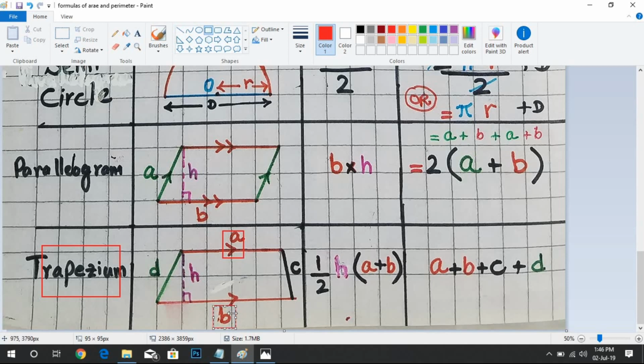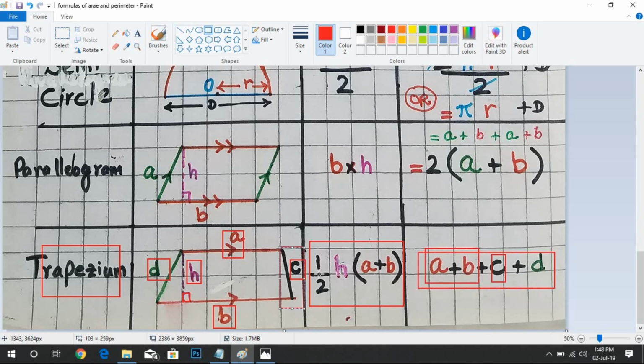A and B are parallel to each other, C and D are not parallel, and H is the height, the distance between these two parallel lines. The area of a trapezium is equal to 1 by 2 H into A plus B. The perimeter is very simple. We add all these four sides.